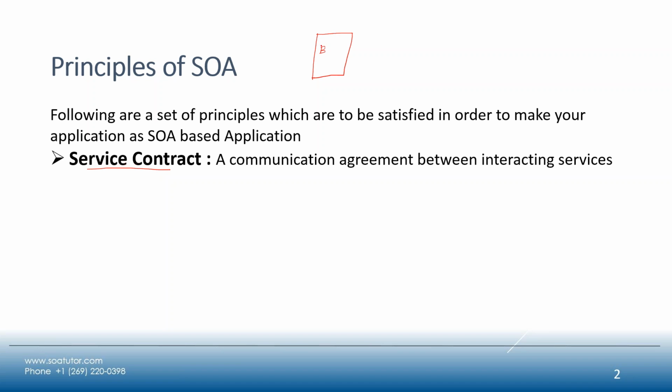Get balance is the operation, and the service name is say some service X. The contract of this service would be something like this: you cannot send whatever input you want. You can send only a specific input, so it will tell you what input you need to send.